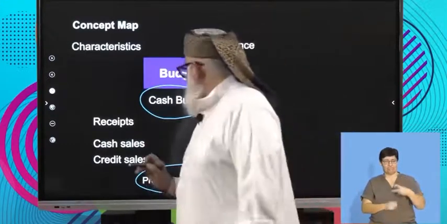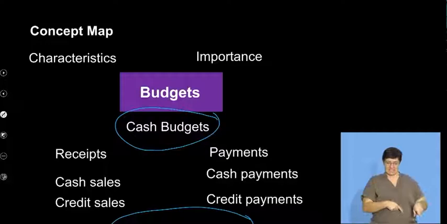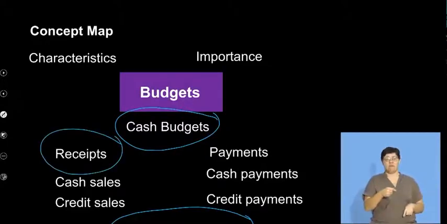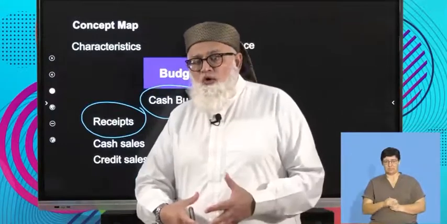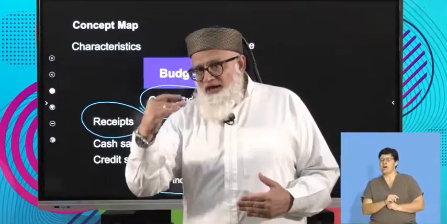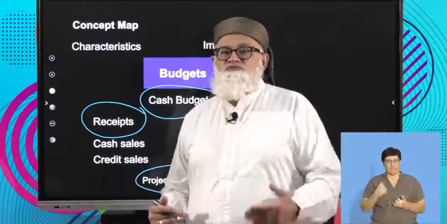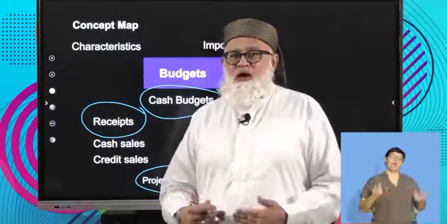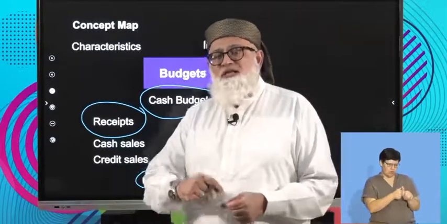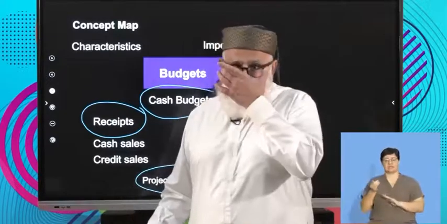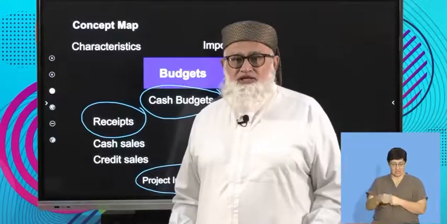Then we visited our receipts from our debtors, where we looked at the debtors collection schedule, and we saw how we have to look at the calculations in terms of how we are expecting our debtors to pay us, what percentage in which month, and then we updated the debtors collection schedule.